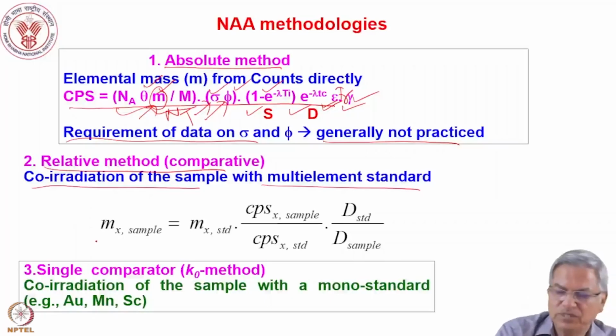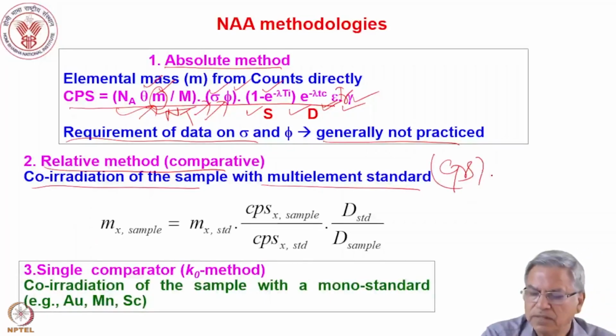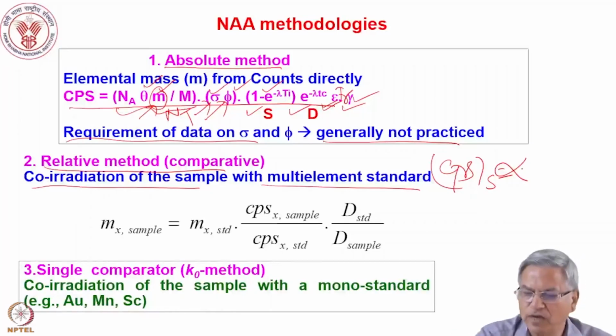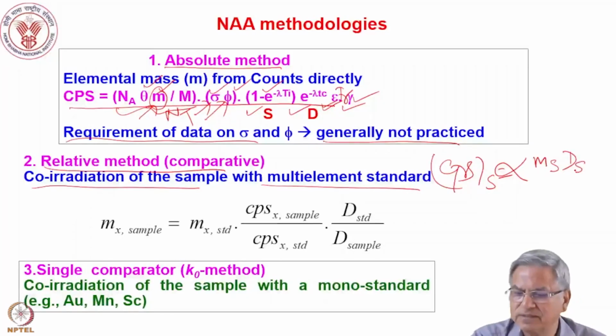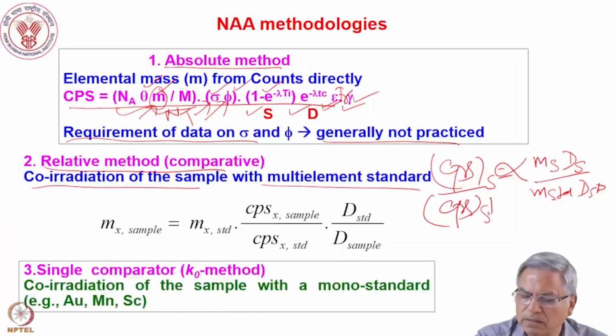So if you see, CPS of the sample will be proportional to, now all this will get cancelled. What you have is M of the sample, e raised to the decay factor, since you are counting at different times, D of the sample, upon M of the standard, D of the standard, upon CPS of the standard.